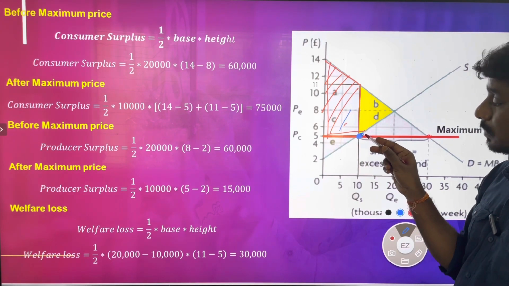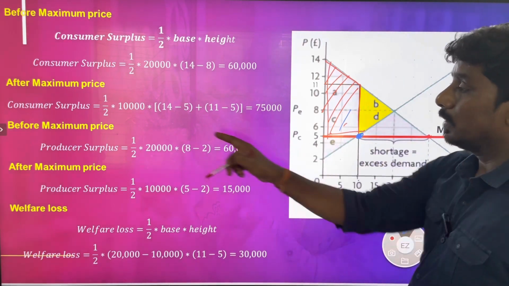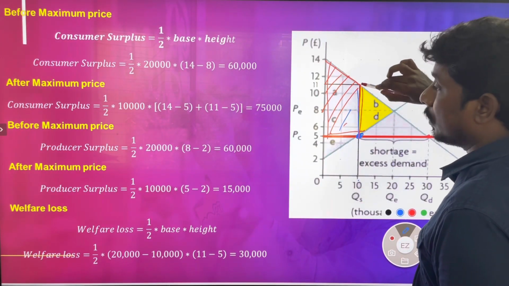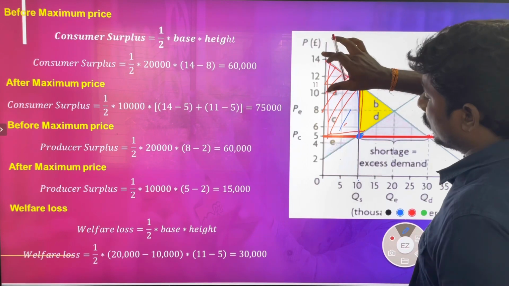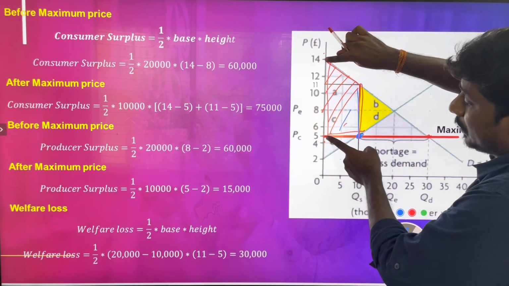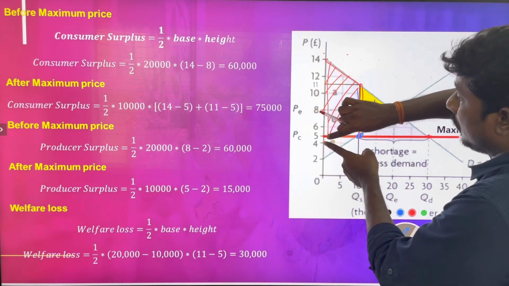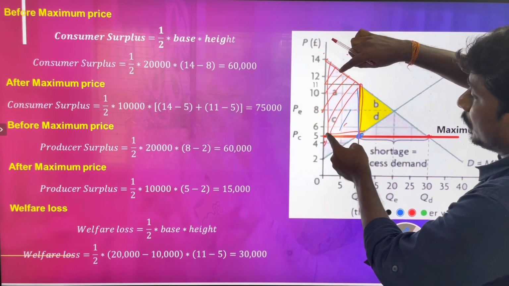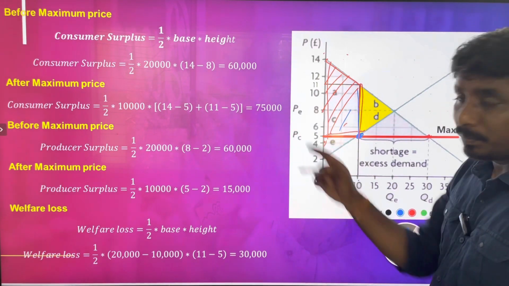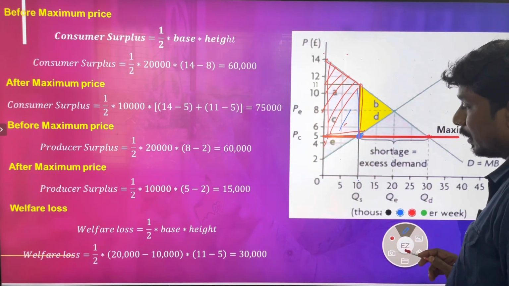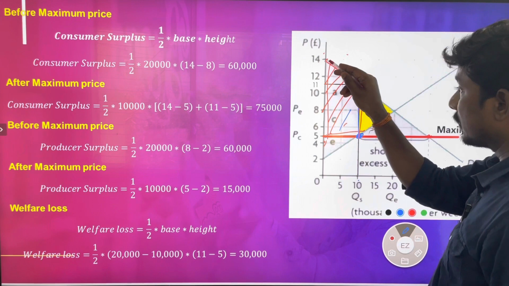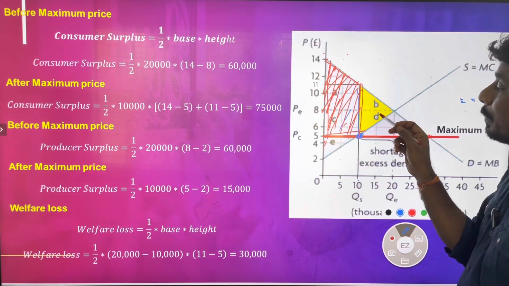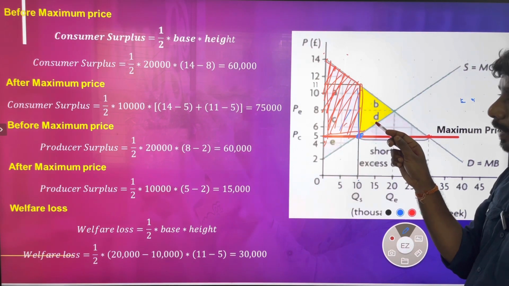The market is not supplying more. So this 10,000 into this portion, 14 minus 5, plus this one, 11 minus 5. So after the maximum price, the consumer surplus will be this entire area, not including this yellow shaded area, right?